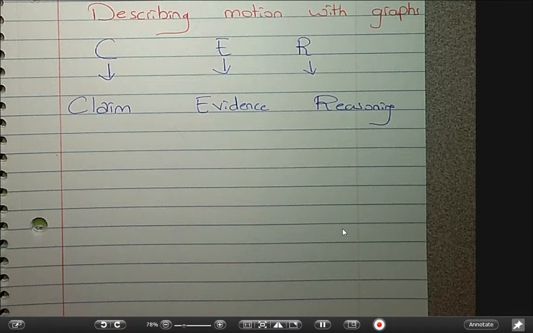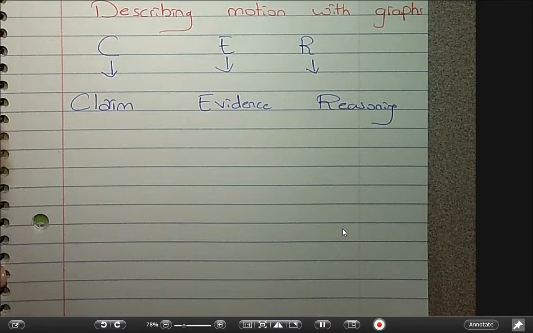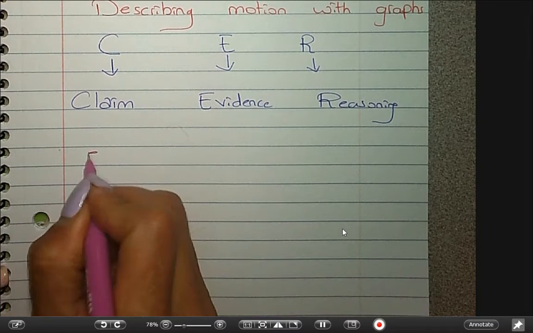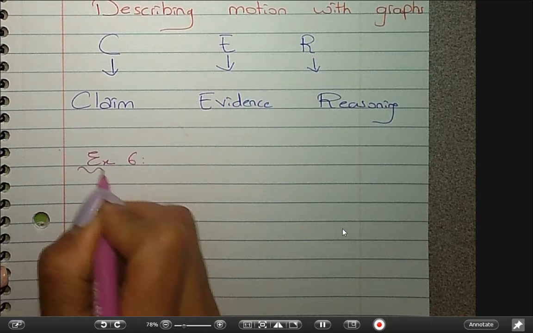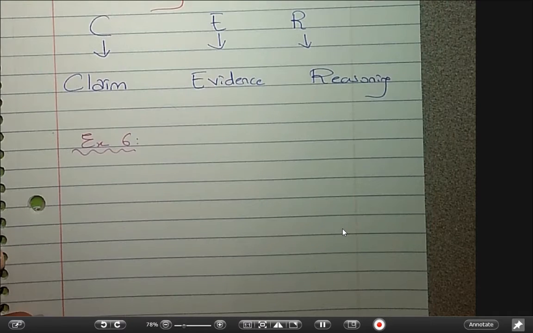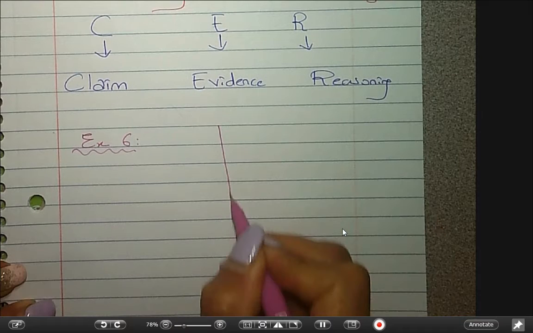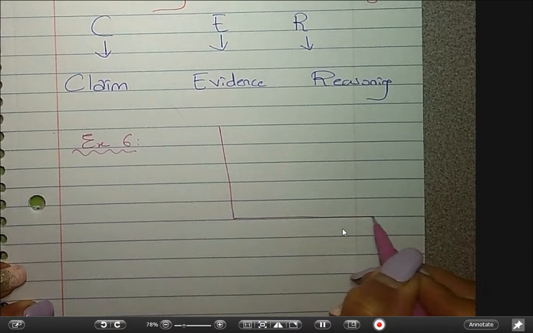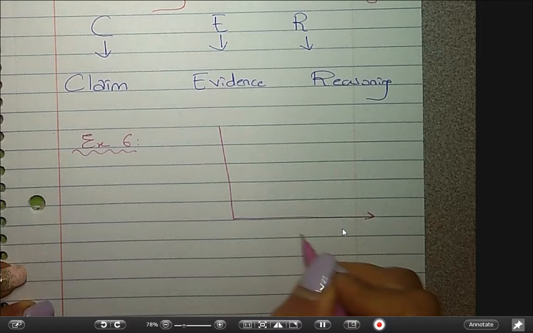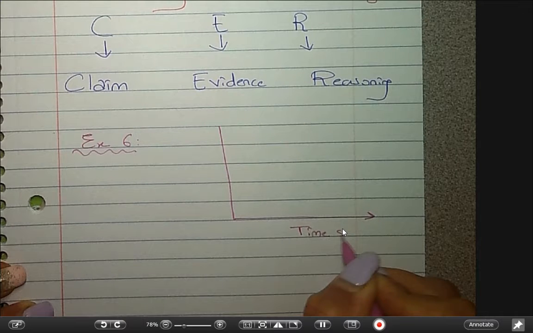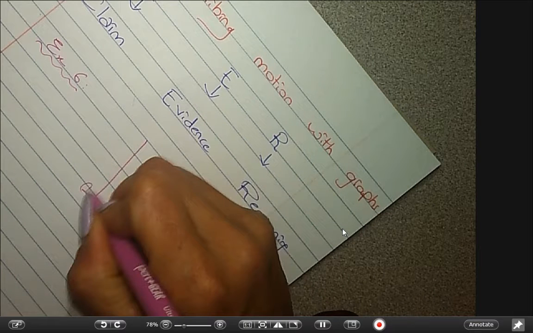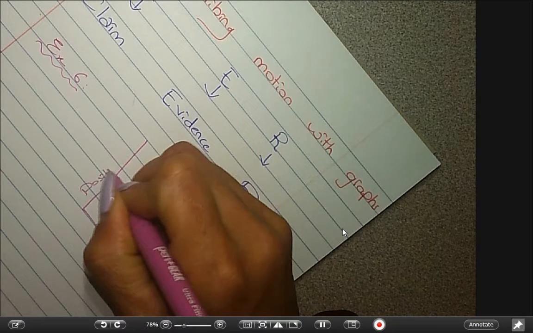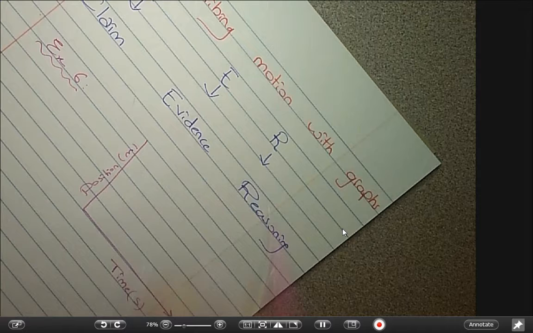So sometimes you will be given a graph. So this is going to be example 6. Okay, and you have this graph. That is your time in seconds, and you get here position in meters.